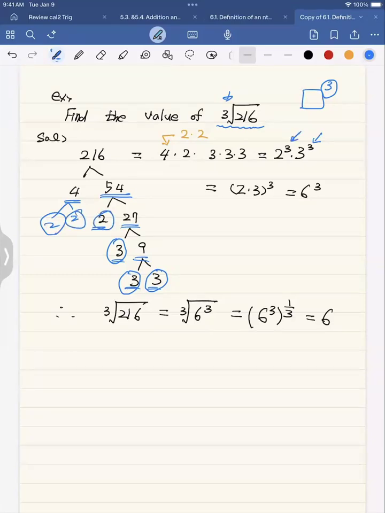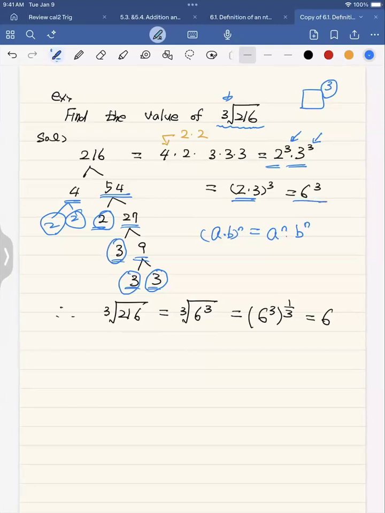So we can write 216 as 2 cubed times 3 cubed. And as we know, a times b to the n power is a to the n power times b to the n power. So we can combine these two powers and write it as 2 times 3 cubed.